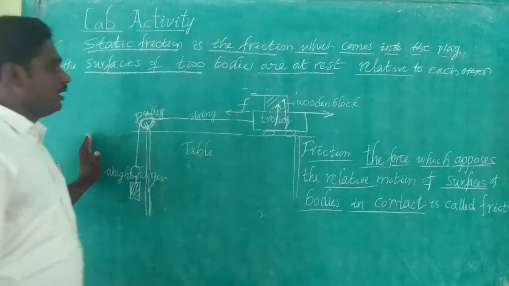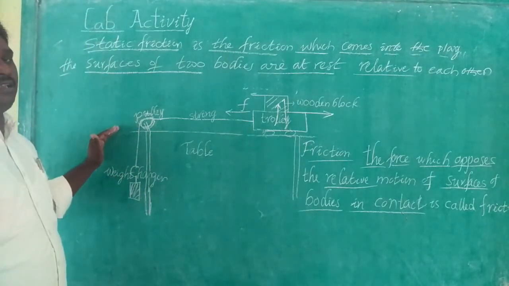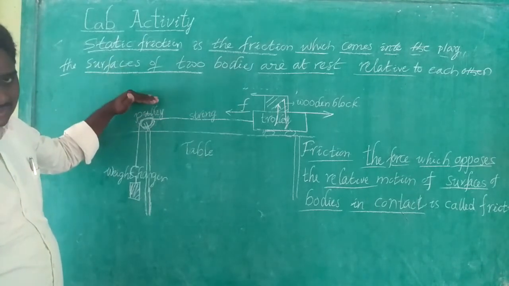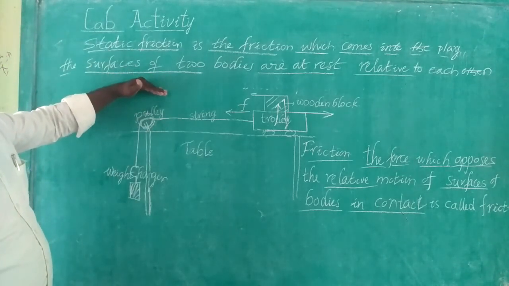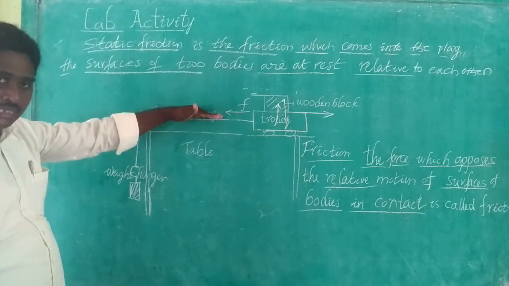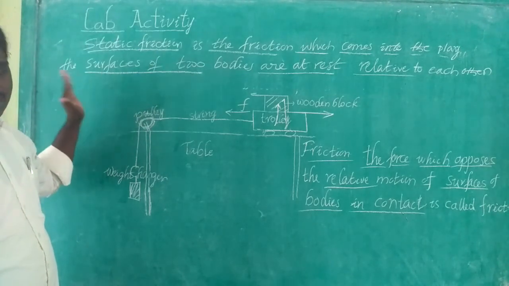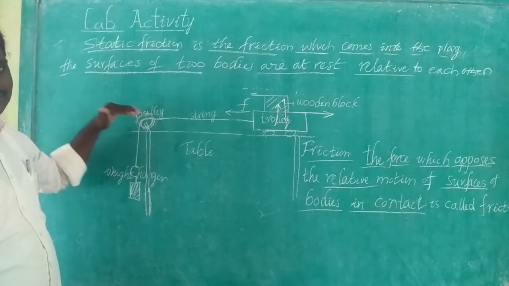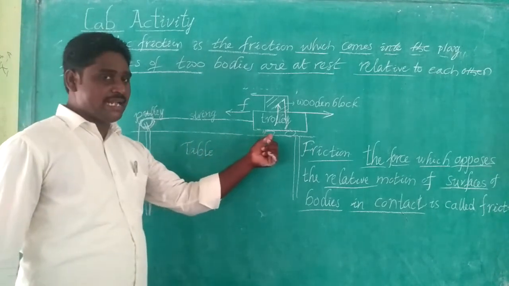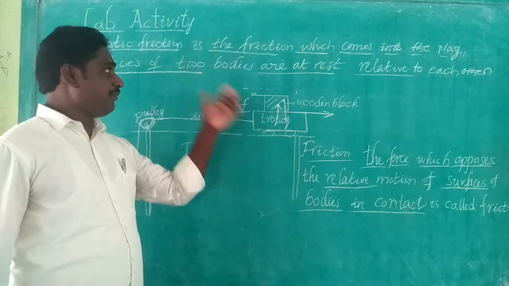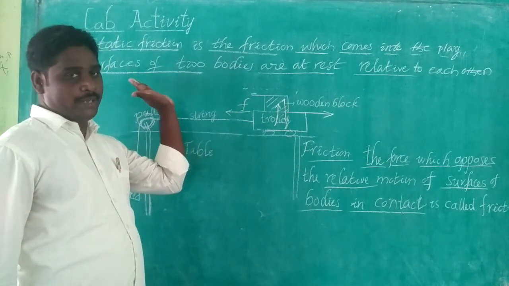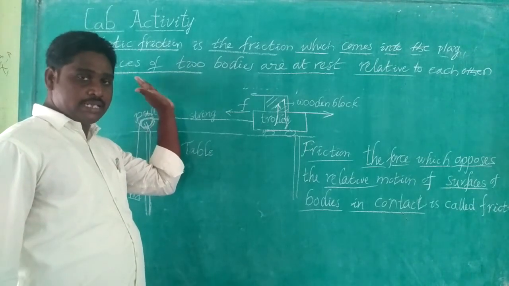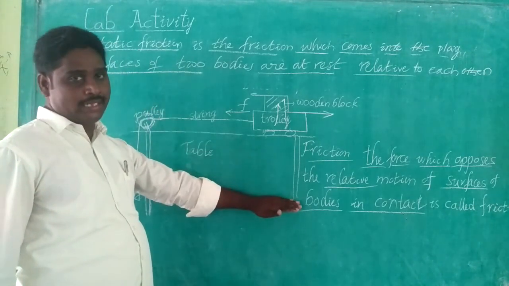So in this activity, we observe two kinds of friction forces. First one is sliding friction, and second one is static friction. These two friction forces act at the same time. Sliding friction means the surface of one object moves relative to the surface of another object.